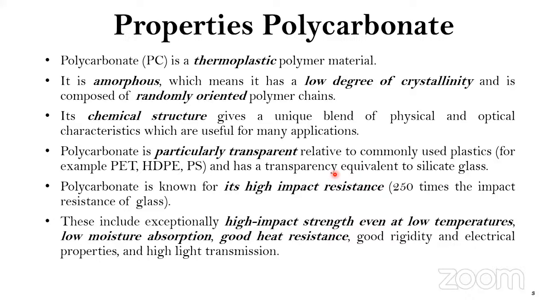But how will you identify? Suppose how will I identify whether this is silicate glass or polycarbonate? When they are cut into pieces, the glass edges can be quite uneven, but polycarbonates are a little bit flexible in nature as compared to silicate glass.